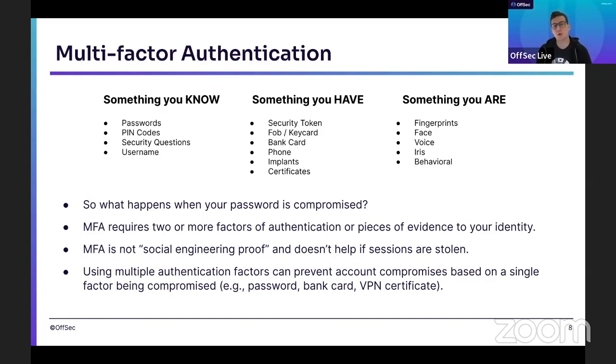When we go through a lot of password management, we're kind of talking about something you know, your passwords, your PIN codes, your security questions, potentially even your usernames. Then there's something you have, so that's something that you physically have control of, like a security token or potentially even a phone. And then there's something you are, and this one is more and more complicated as time goes on. They're finding different ways of indexing people.